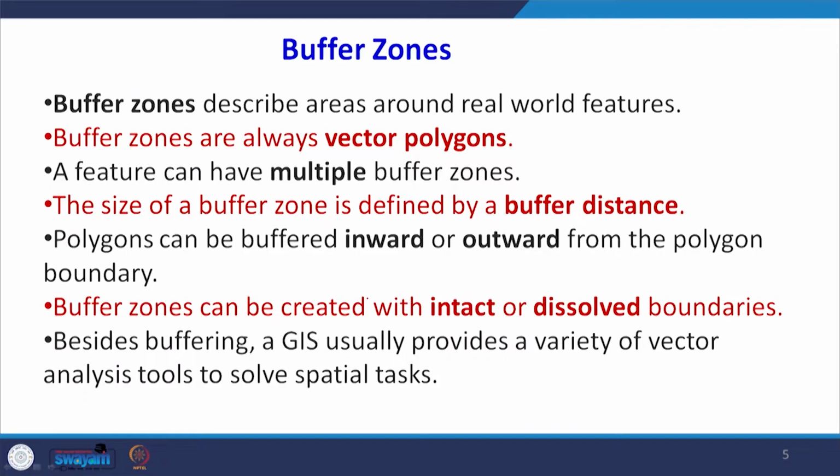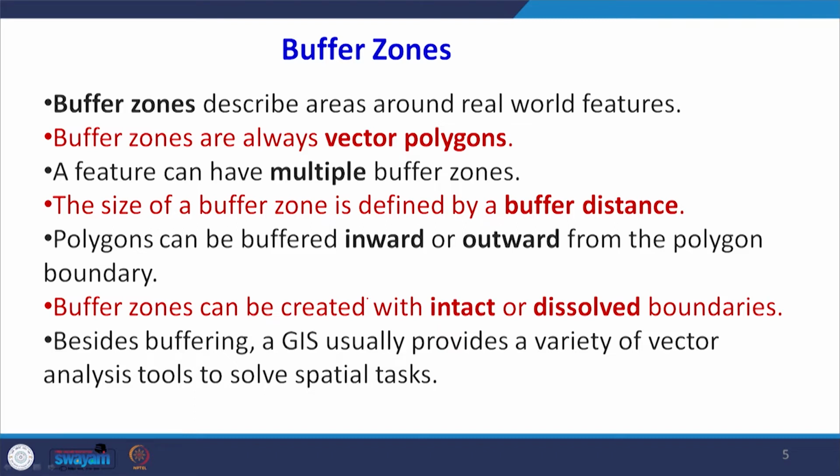Sometimes with experience, sometimes based on literature review, we find out how big the buffer should be, what buffer distance should be selected, and then we create the buffer around that feature. In a polygon we create two types of buffer. One is called the inward buffer, created inside the polygon, and the other is the outside buffer, created outside the polygon.